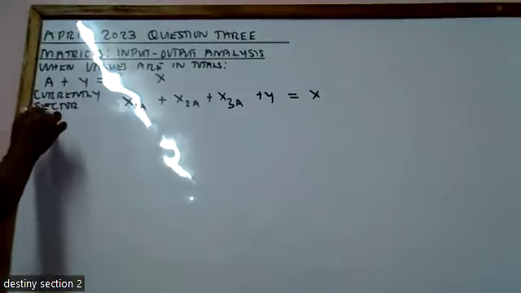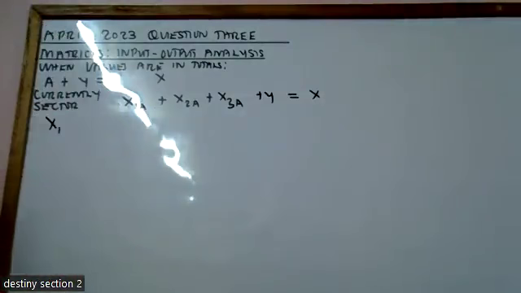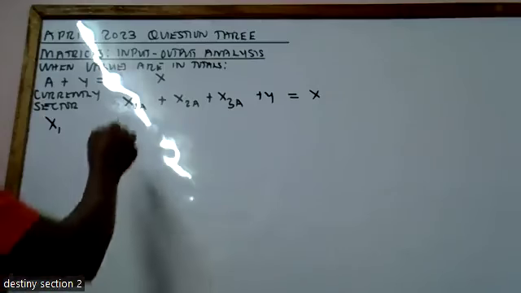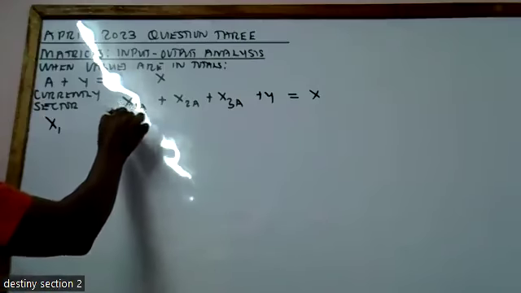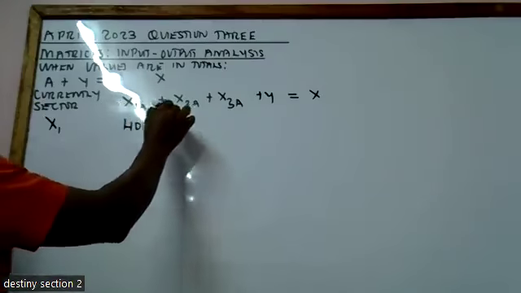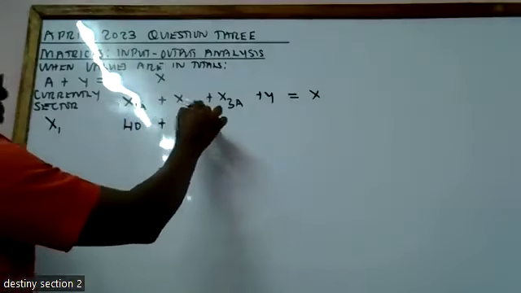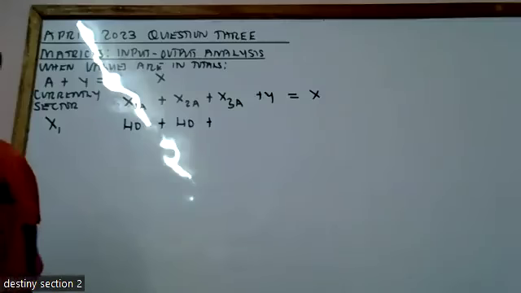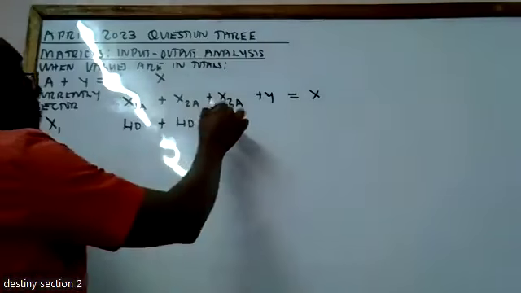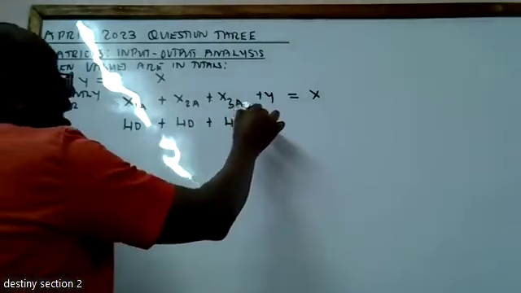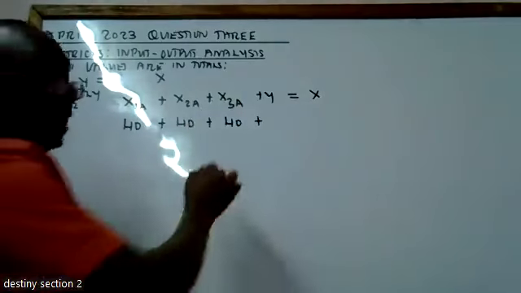So when you start with sector X1, you look at the values that are given. The first value of A is 40. The next one is 40, the next one is 40 also. And then for Y, it is 680.